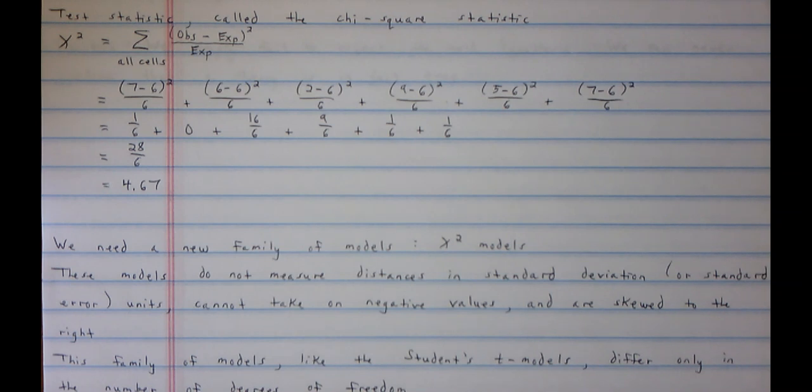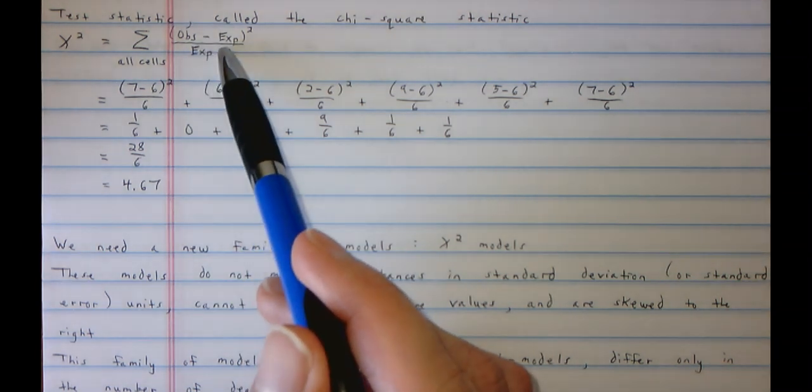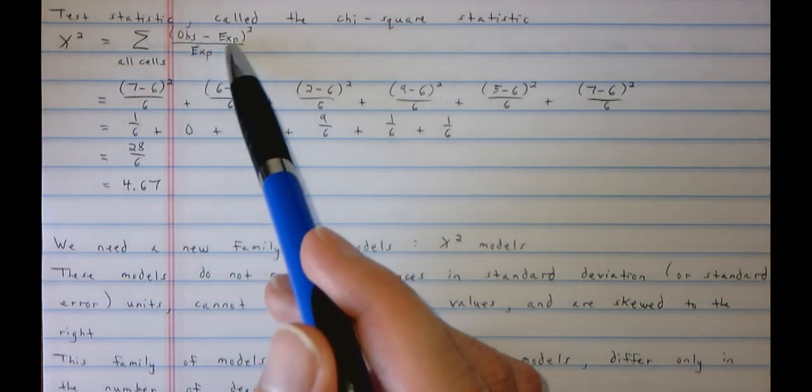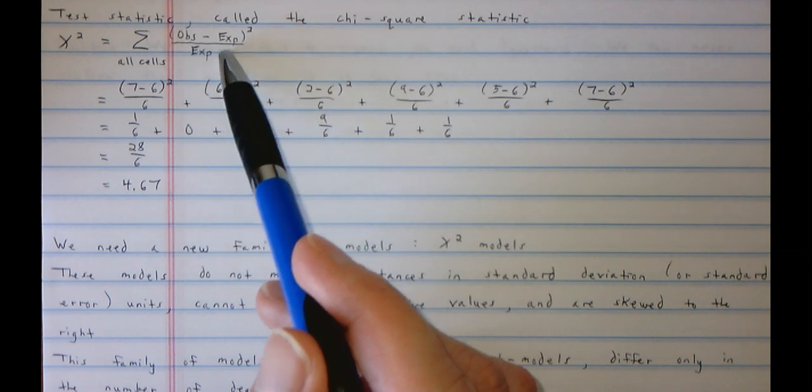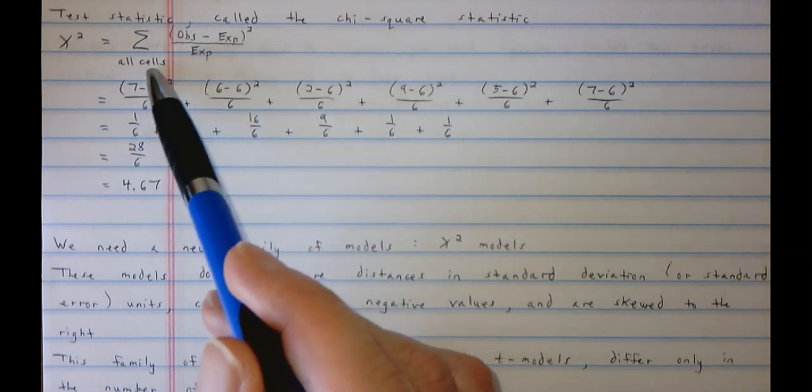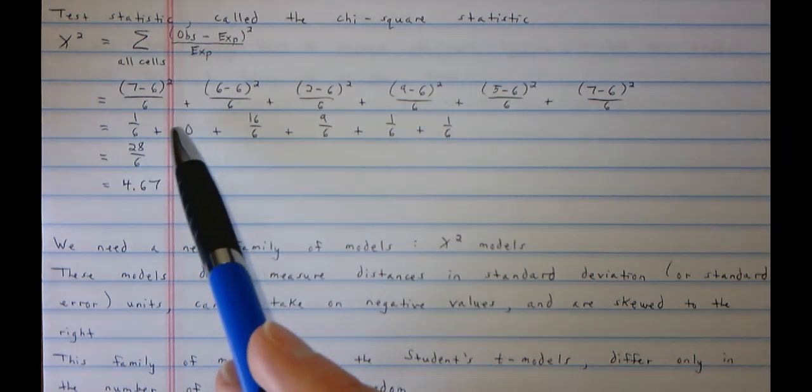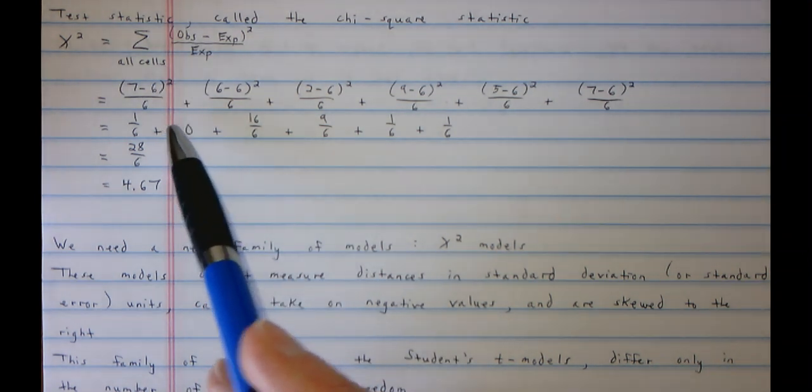So next we'll calculate a test statistic. It's called the chi-square statistic. And the way we do it is we take each observed count and subtract the expected count. That's referred to as the residual. Then we square it and divide by the expected count. Finally, we'll sum over all cells. So for us, it looks like this.